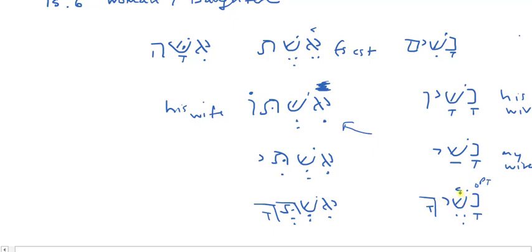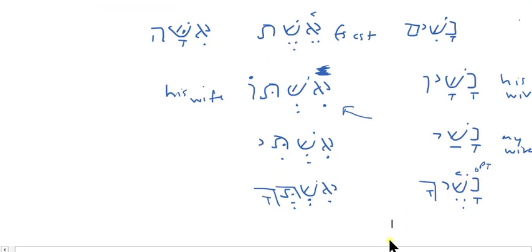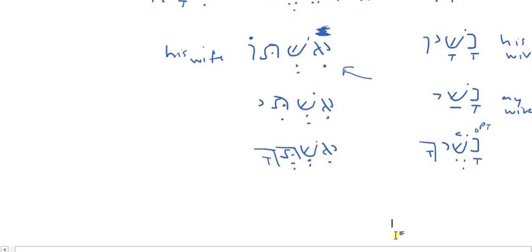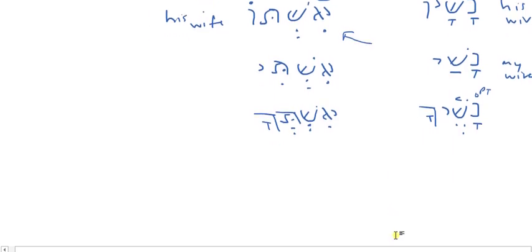One more form though. Why not? Just for fun. What if I wanted to say something like their wives? It would be neshehem. The heavy ending is going to pull the stress all the way to the back. That means this is tonic. Shé is open and pretonic. Hebrew requires a long vowel, and I happen to have one here, so I'm happy.